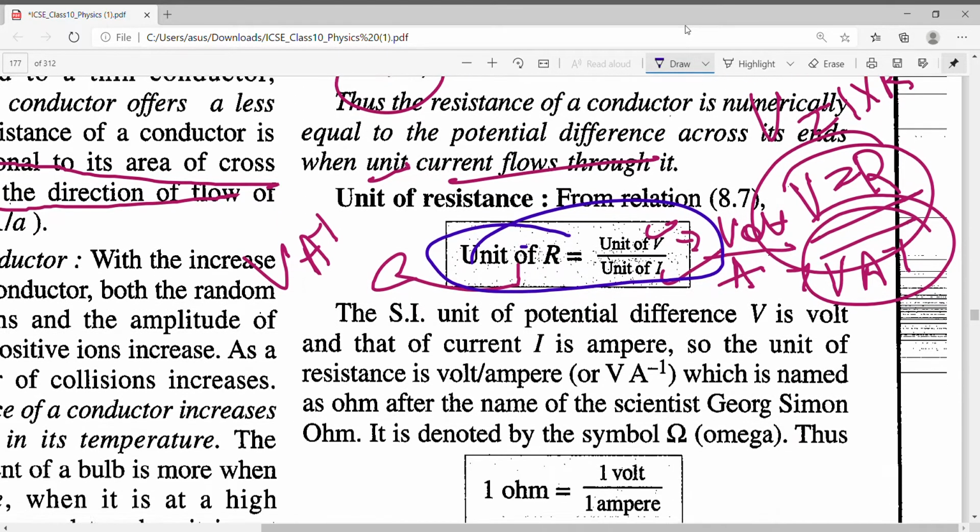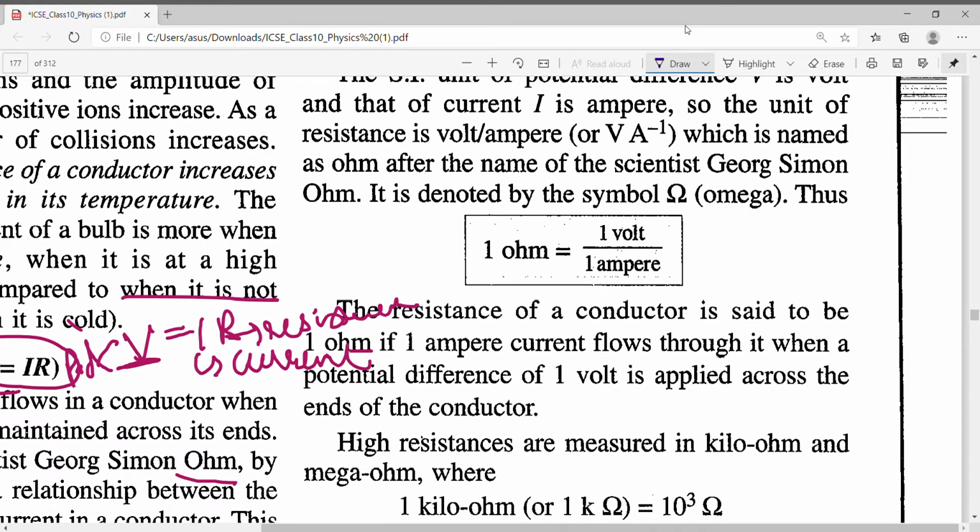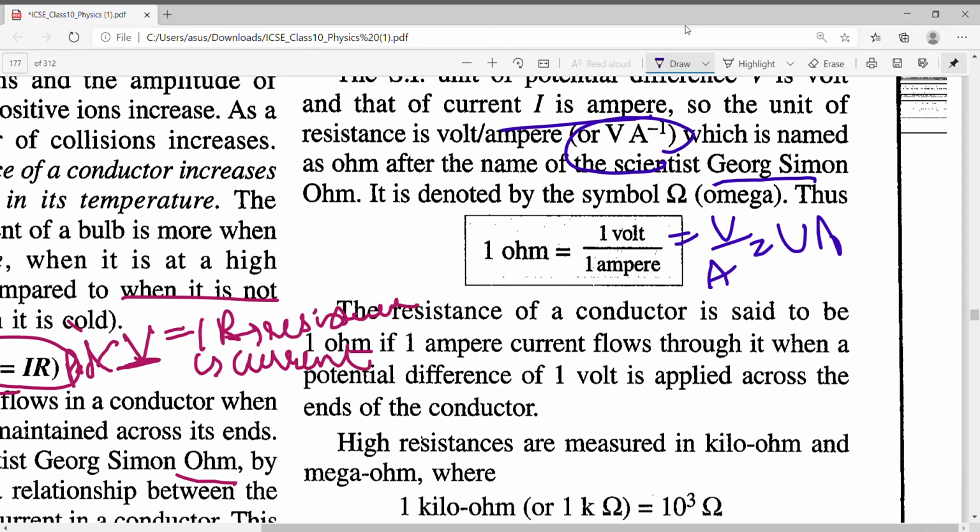This unit, volt per ampere, is named Ohm after the scientist Georg Simon Ohm, right? It is represented by Ohm.